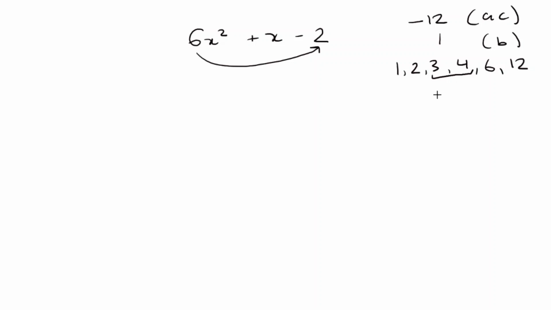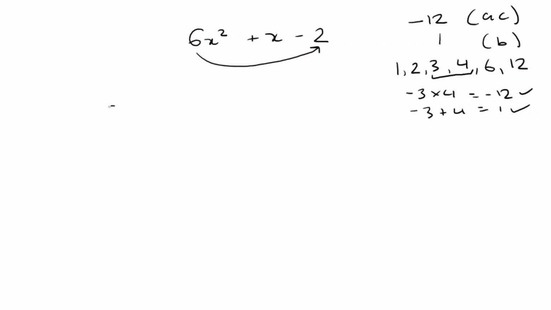So negative 4 times 3 gives us negative 12. However, negative 4 plus 3 does not give us 1. It gives us negative 1. So let's try the opposite. Let's try negative 3 and 4. Negative 3 times 4 is negative 12. That's good. Negative 3 plus 4 is 1. Excellent. So that's 2 conditions that have been met.